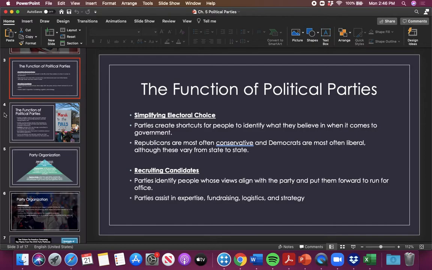To run a campaign, it takes a lot of effort. And so the political parties already exist with this infrastructure to help candidates win their elections. And so if you are the favored candidate of a particular party and they are the ones funding you and supporting you, you have a much greater chance of winning your election.